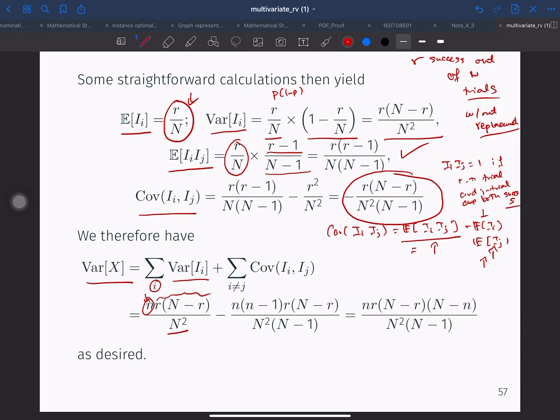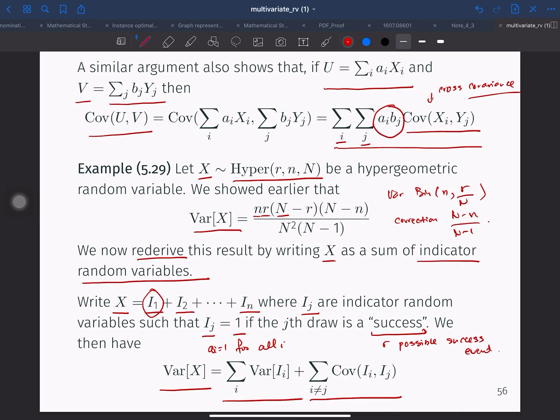And similarly, for i not equal to j, you have n times n minus 1, because that's the number of pairs, n times n minus 1, for which i is not equal to j. And some simple algebraic manipulation gives you the formula we want. So like I said, this is nice to know because in many settings, you could write your random variable X as combinations of simpler random variables, so we never have to work with something too complicated.